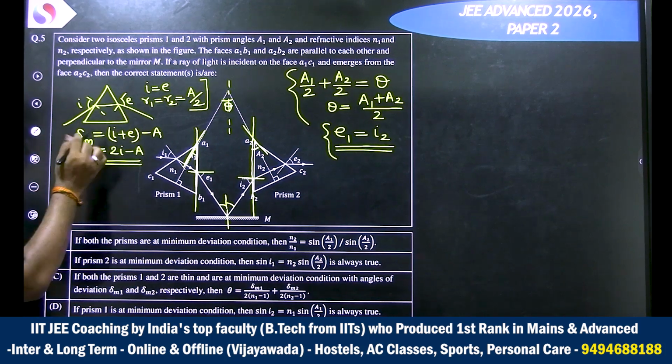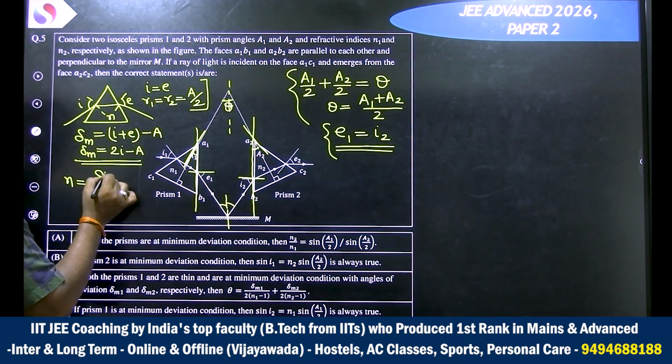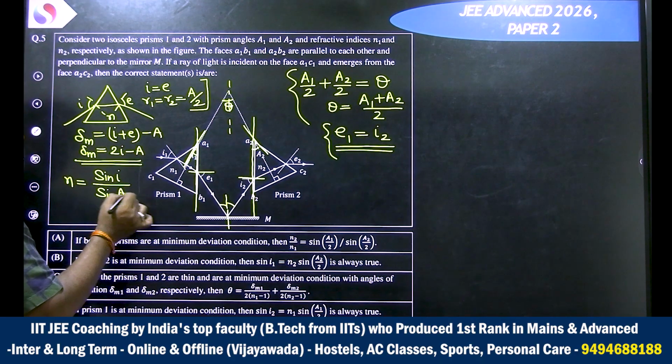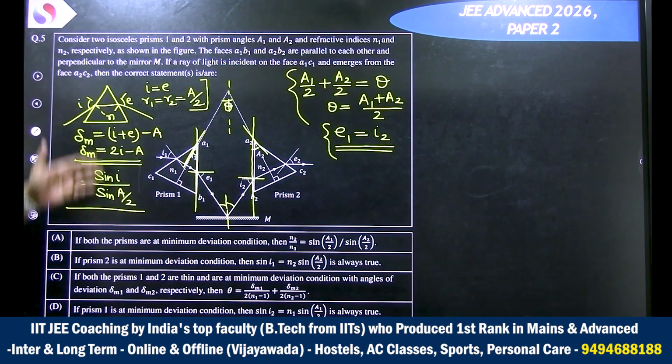With the refractive index, you can relate it as sin I by sin R, and R you can write as A by 2 for minimum deviation. So whenever the deviation is minimum, these conditions will be fulfilled.